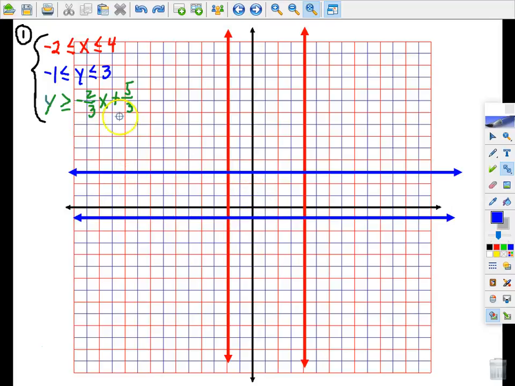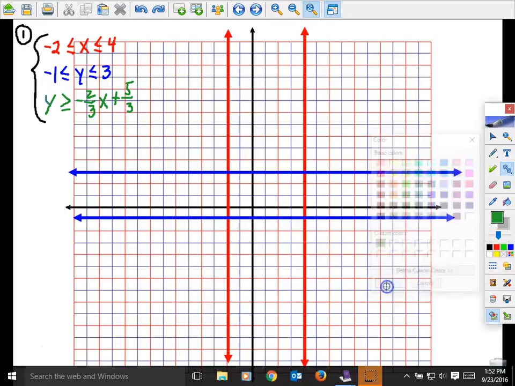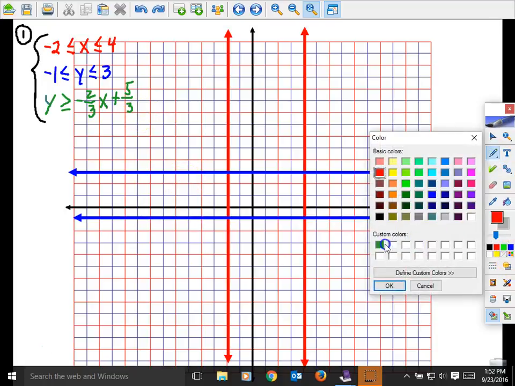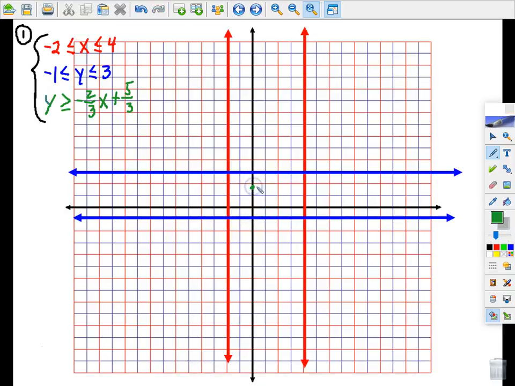Okay, well, now let's do the green linear inequality. All right, change my color. And this has a y-intercept of 5/3, which is just another way of saying 1 2/3. All right, so here's 1, and we should put a dot just below 2, 1 2/3.